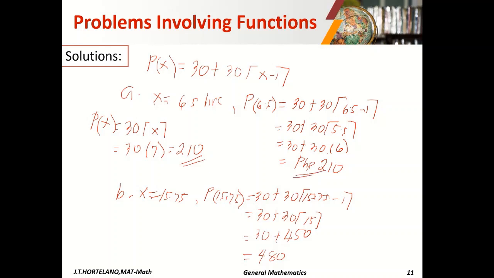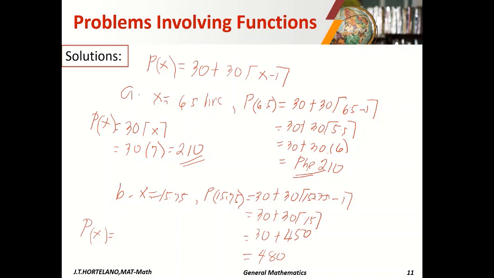Pareho lang. So, it's up to you naman kasi yan kung paano gagawin ninyo. Pero mas helpful ito, lalo na kung mas medyo yung ganitong form. When you try to solve another problems na similar dito, kita nyo na mas madali gamitin yan.